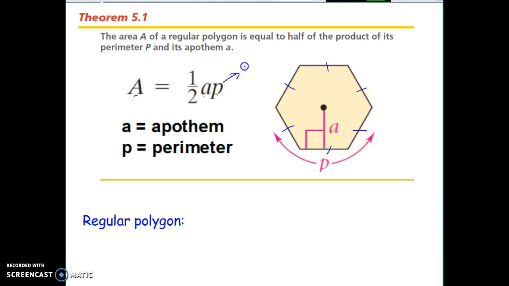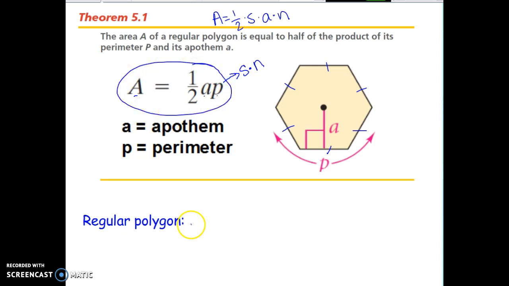So perimeter in this case is just S times N. Depending on which one you like best, you can use A equals 1/2 times S times A times N, or A equals 1/2 apothem times perimeter. And again, regular polygon just means all sides are congruent.